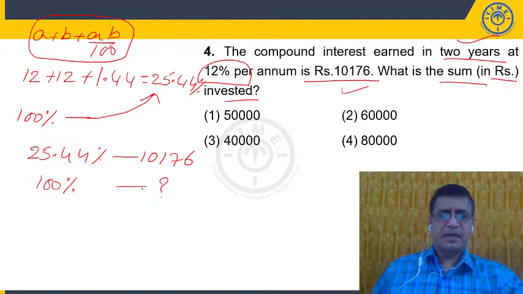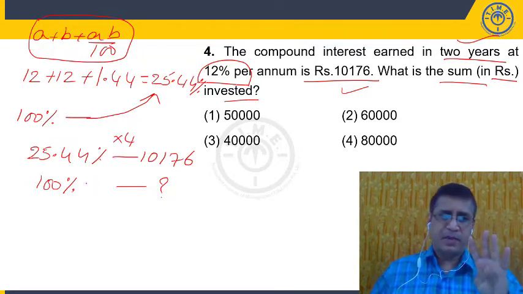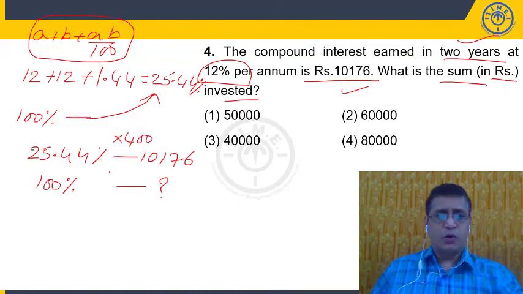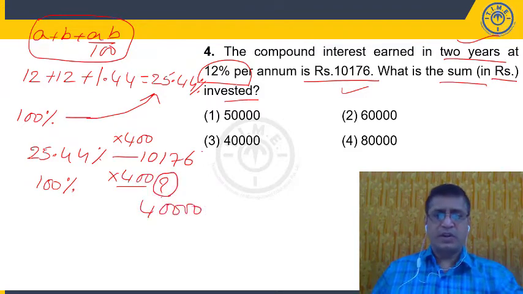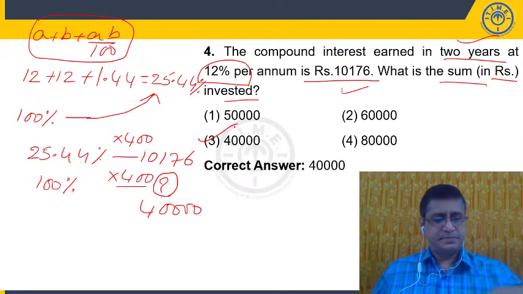Simplify this. What is the cancellation, if you observe, just ignore the decimal, observe this. 2544 into how much is equal to 10176? It is exactly 4 times. Here decimal is given, so I am using 2 zeros. So what is the result? So 400 into 100, it is 40,000. So right choice, option 3.